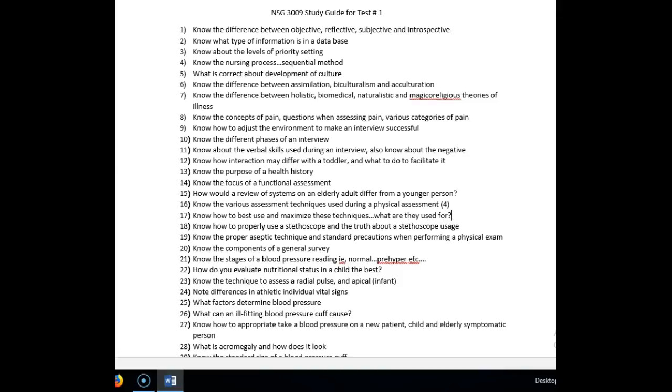What I want you to know is that the diaphragm is for high-pitched sounds and the bell is for low-pitched sounds. That's on your stethoscope, and that would be on your PowerPoint presentation where it shows you.